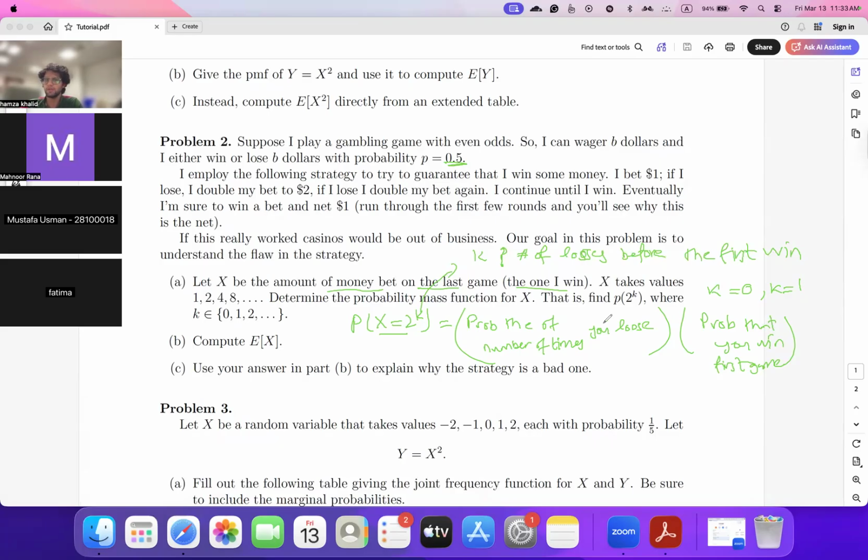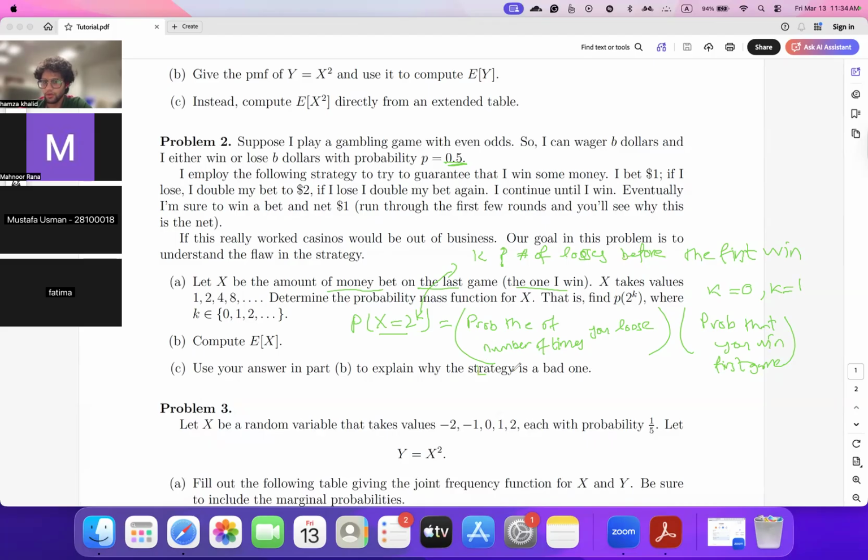It's literally like all of these bets are independent of each other. Because they are independent, your probabilities are just basically half times half times half times half times half. But k denotes what? The number of losses before the first win.